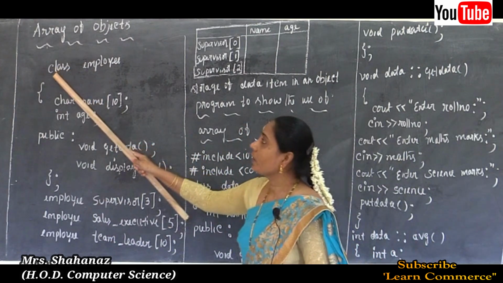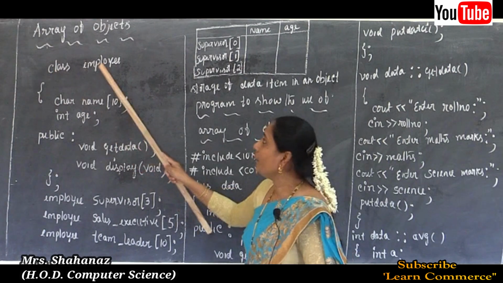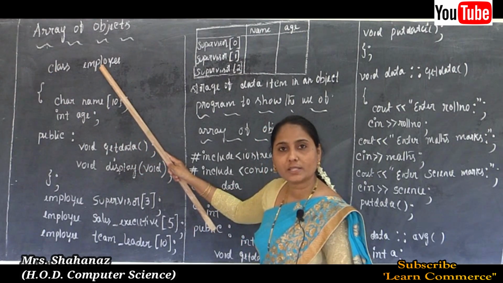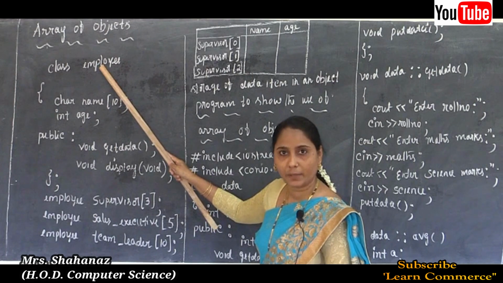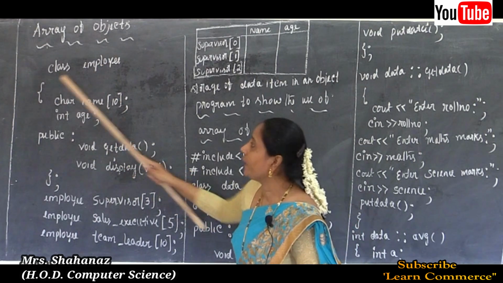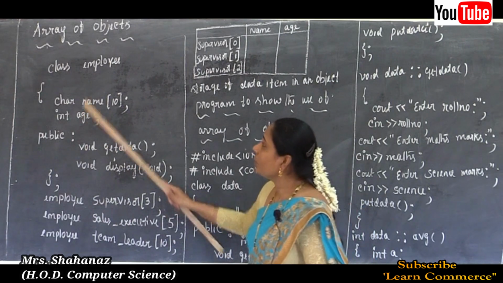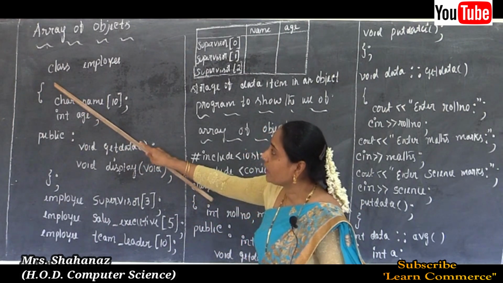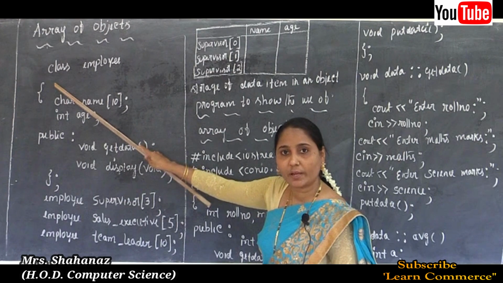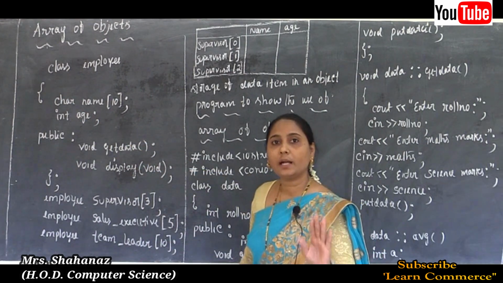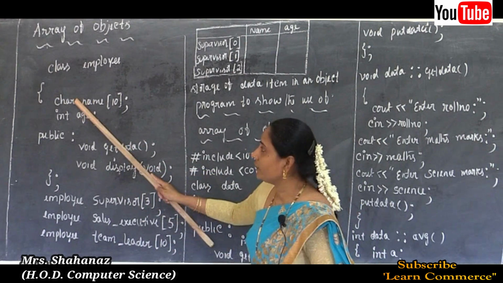We know that class is the keyword, employee is the class name, that is called a user defined name, then the opening flower bracket, and all are the member data. Here I am not going to mention the access specifier, but such data is considered private data only.